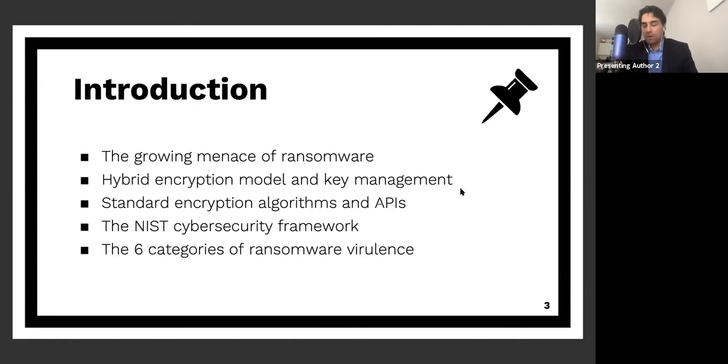Briefly, I want to mention the NIST cybersecurity framework. NIST has proposed a cybersecurity framework which has 5 key actions in favor of cybersecurity: identify, detect, protect, respond, and recover. Most of the solutions proposed against ransomware today are observed to focus on detection and prevention, the early stages of this framework.